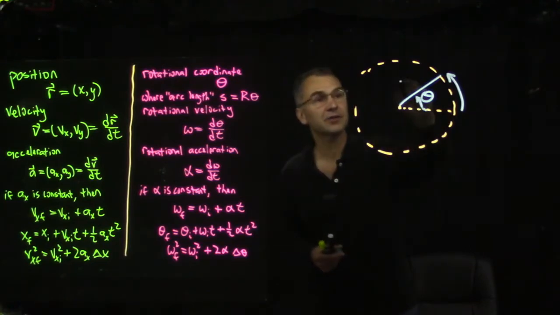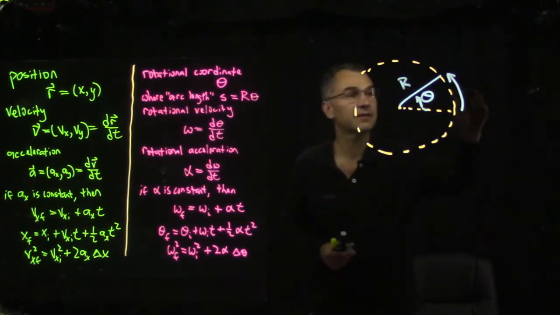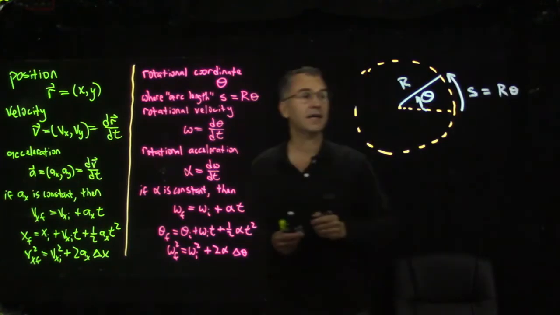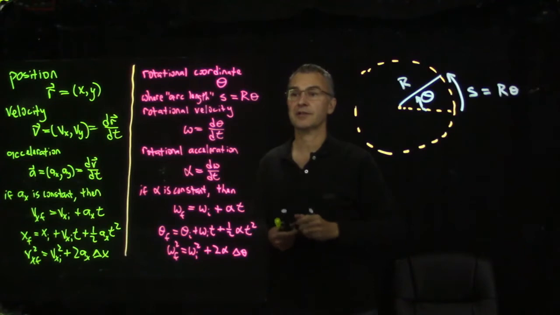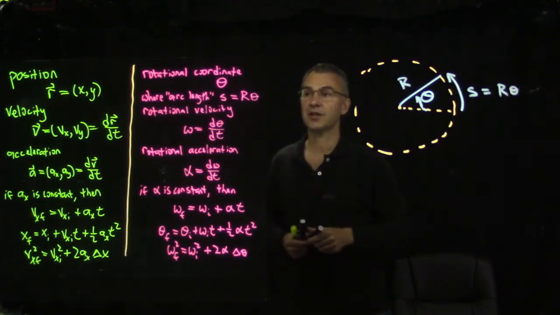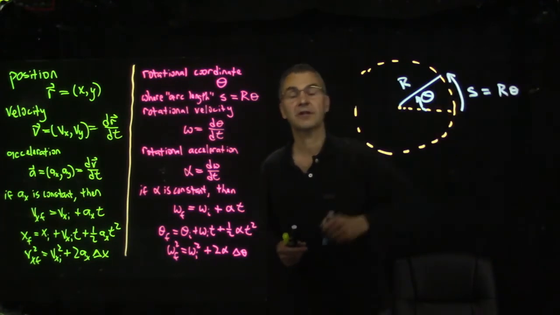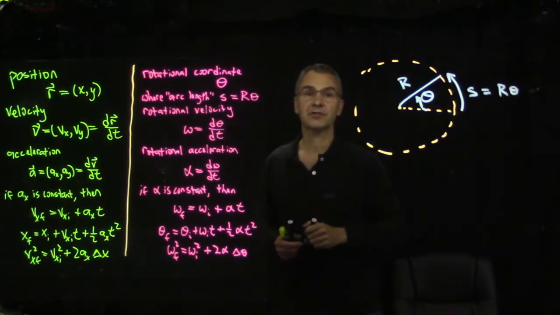And in fact, if the circle in which we move has radius r, then the arc length is s equals r theta. It's a tradition in math to use lowercase s to represent arc length, which is the distance traveled along a path which is not necessarily straight.